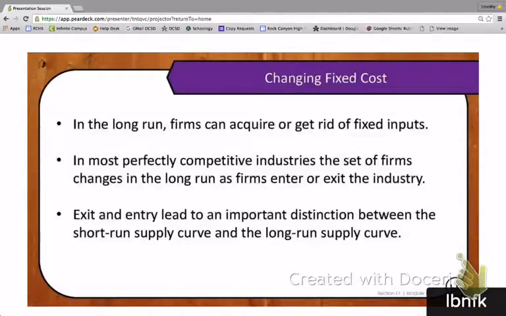In the long run, new firms would be able to acquire the necessary capital inputs and join the existing firms. Remember that under assumptions of perfect competition, because there is easy entry and easy exit, there is nothing to prevent the long-run entry or exit of firms.